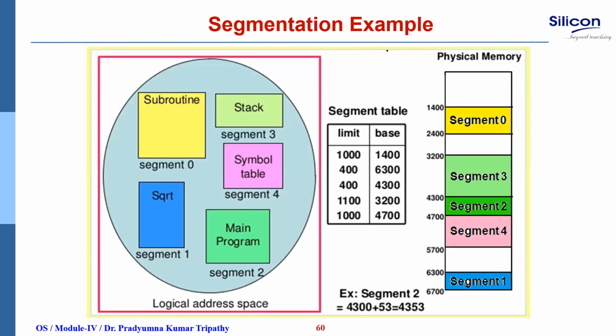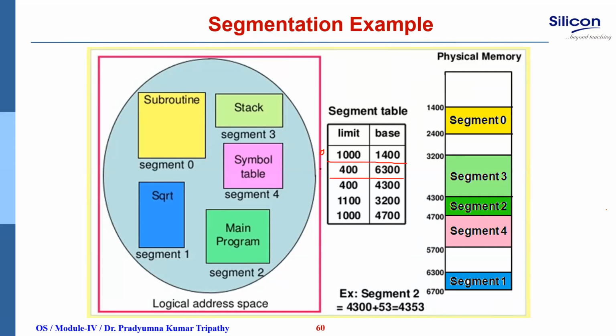We have how many segments? 0, 1, 2, 3, 4, 5 segments are over here. We have 5 segments in this example. Subroutine, stack, symbol table like this. For each segment, for segment 0, what is the base? For segment 0, the base is 1400 and limit is 1000.